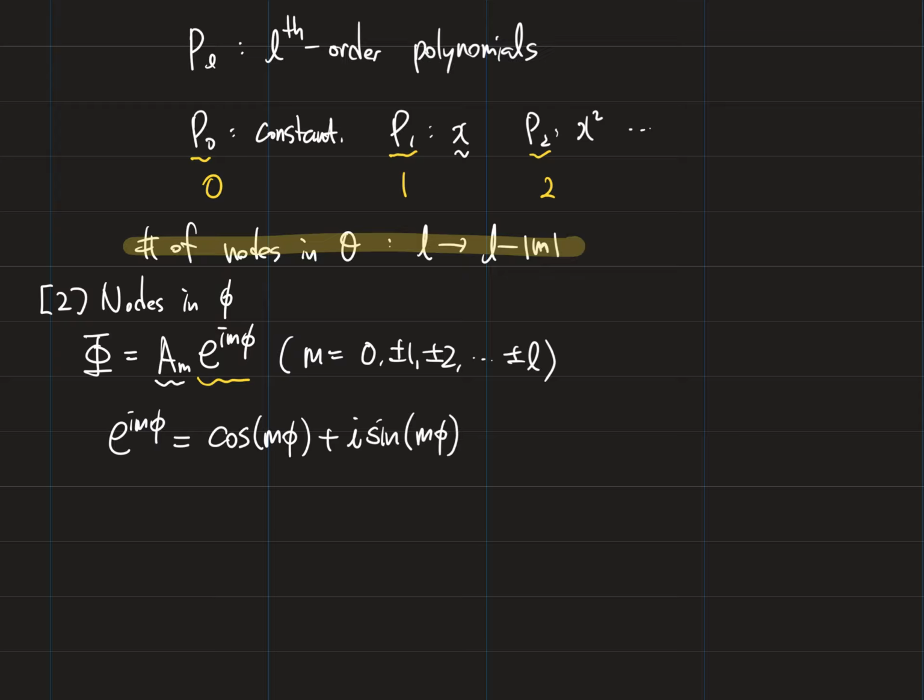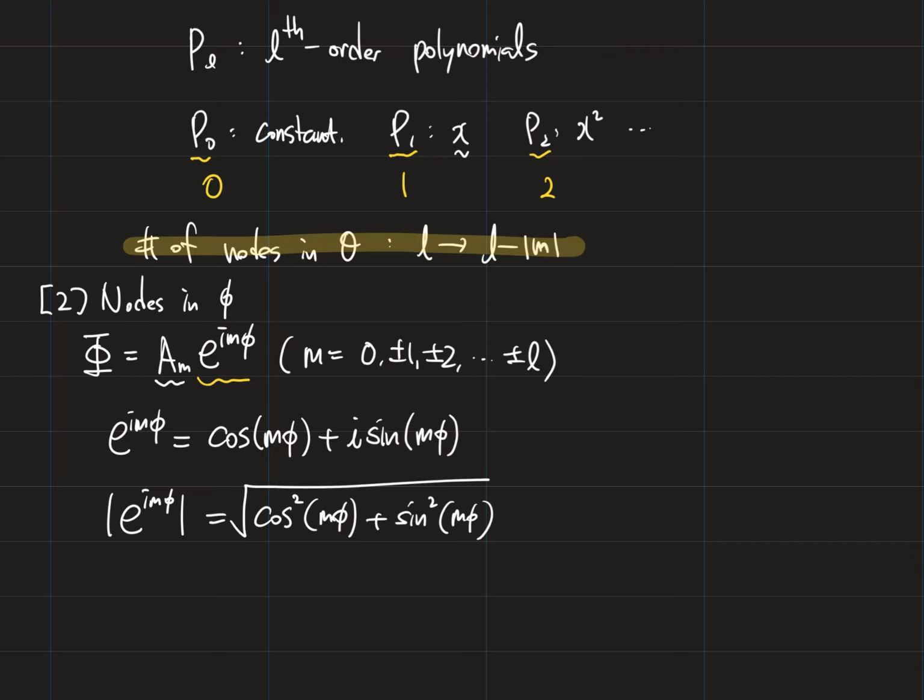If you take the magnitude of this complex number, e to the imP, that is simply the square root of cosine squared plus sine squared. And this should always be 1, right? According to a trigonometric relation, the sum of the cosine squared and the sine squared with the same argument always becomes 1.